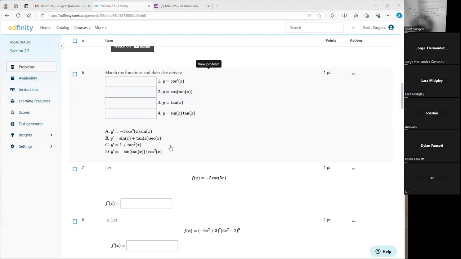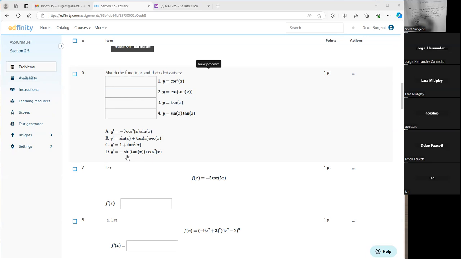Let's see what other weird stuff we got going on here. It looks like D would be the second one here because secant squared is the same as 1 over cosine squared. And then I guess B would be, yeah, that would be B after you make some replacements.